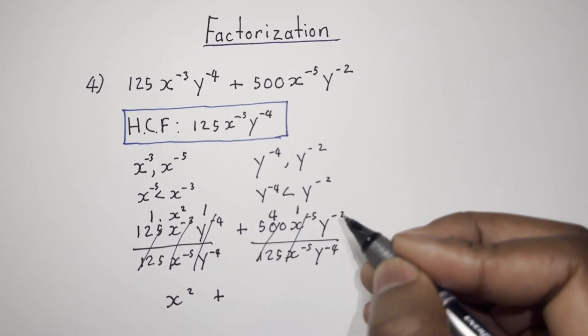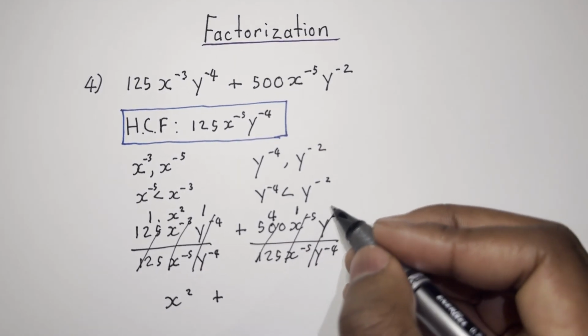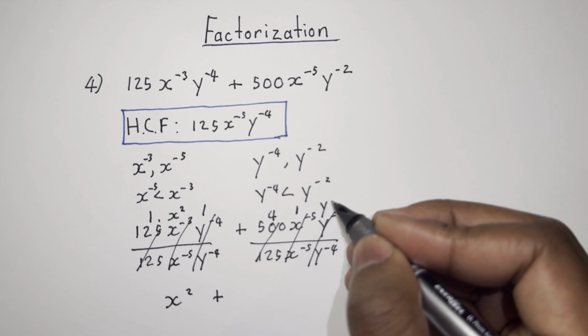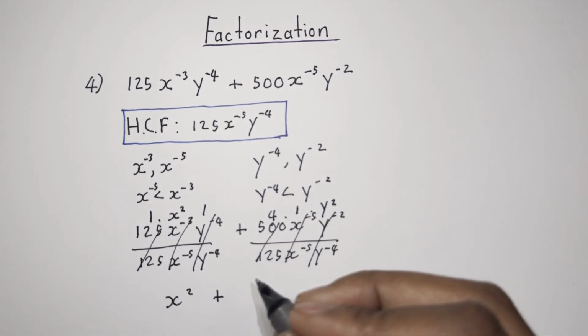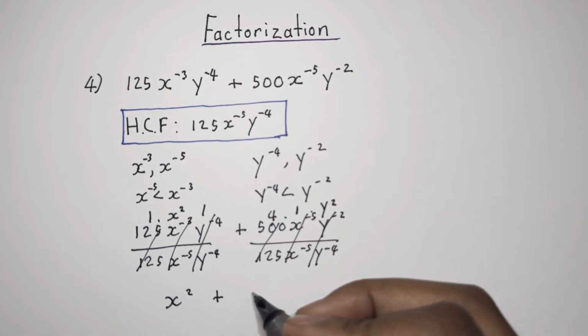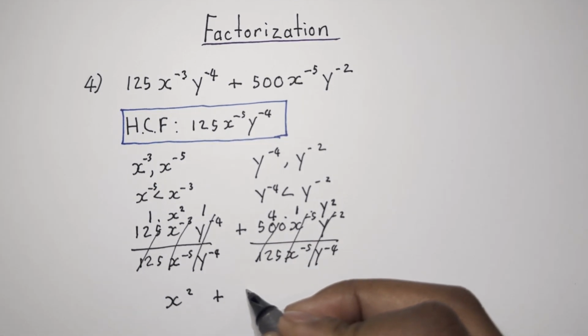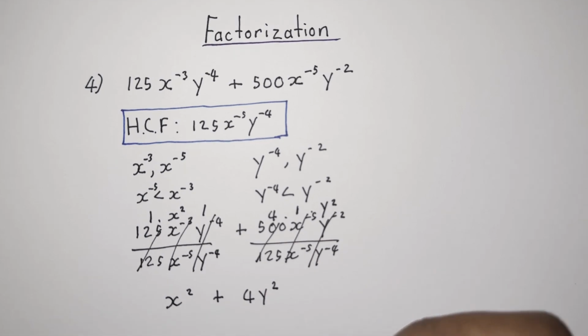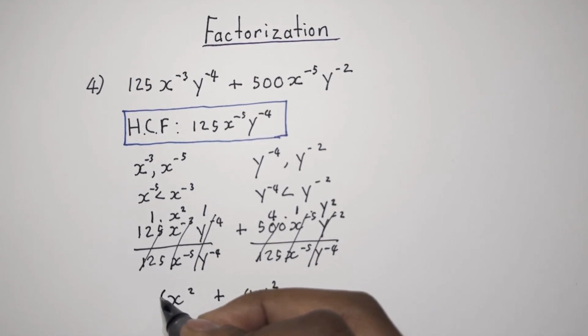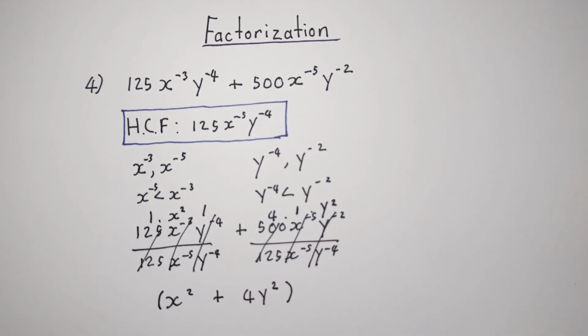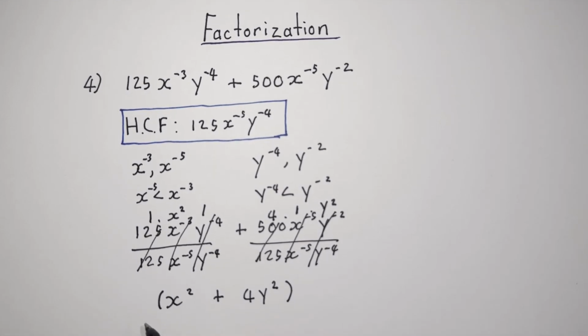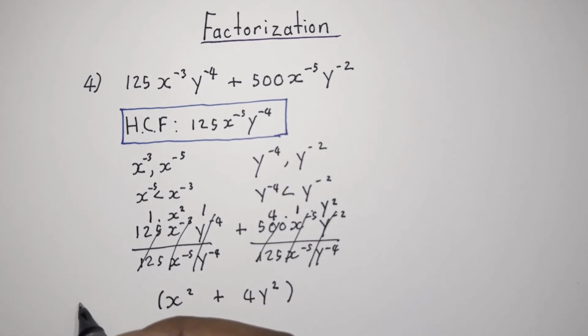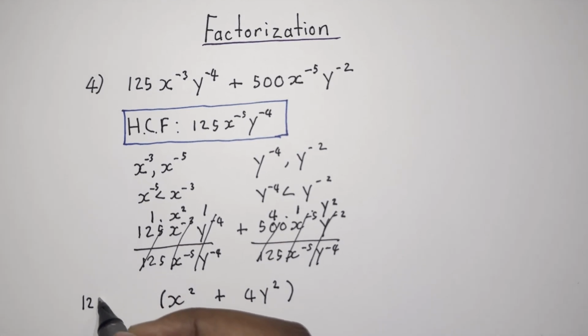This gives us 1, and this gives us y squared. So we're left with 4 times 1 times y squared, which is 4y squared. And for our answer to be complete, we have to include the HCF.